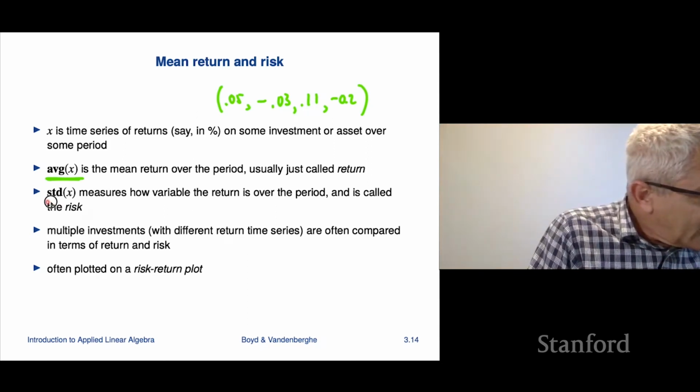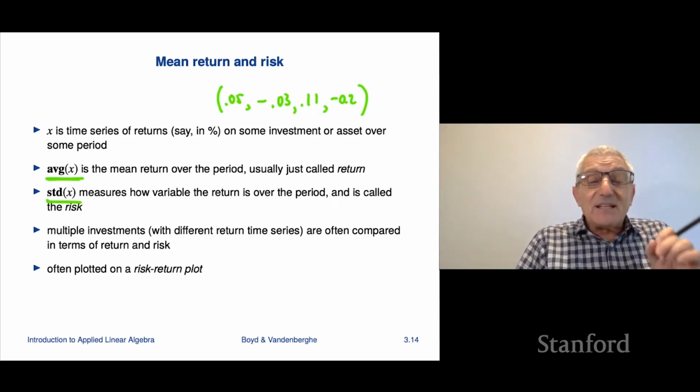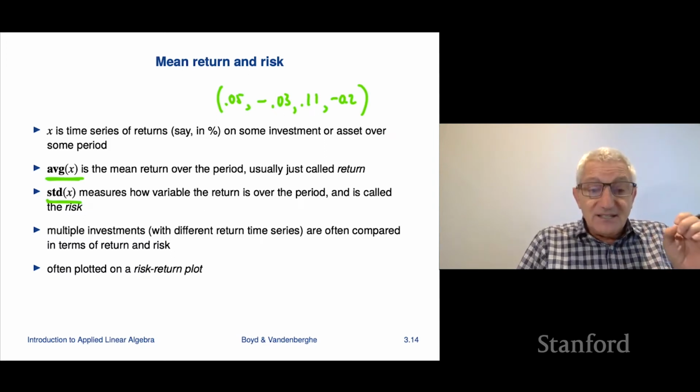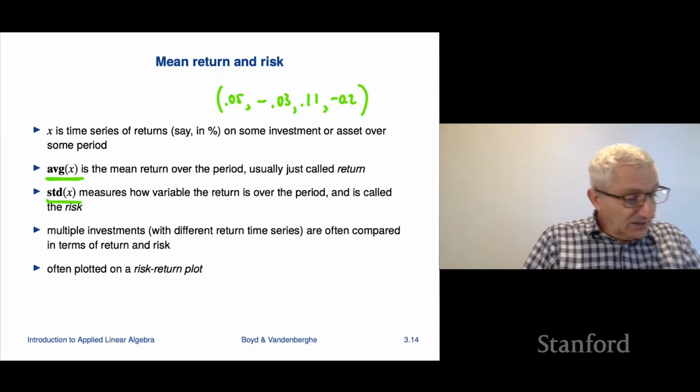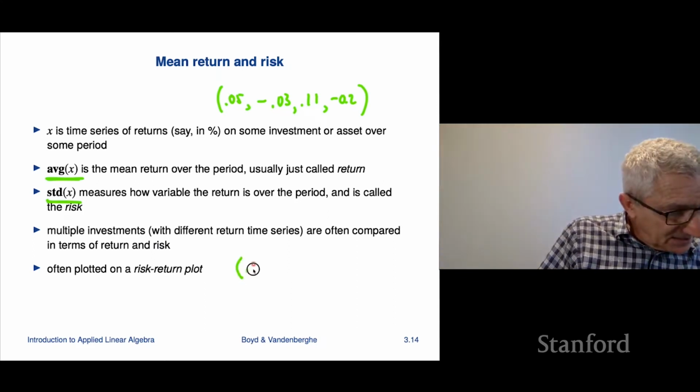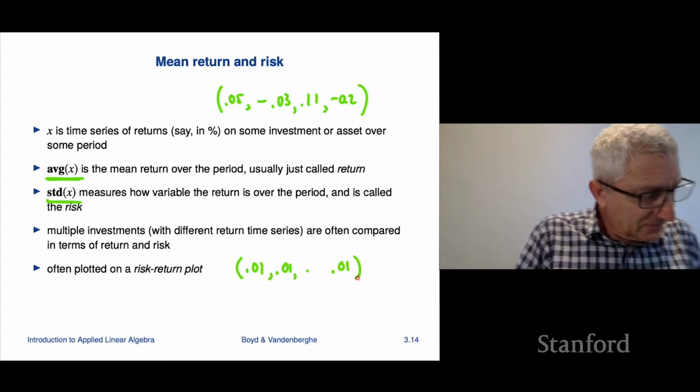Now, standard deviation of a return time series, super interesting. It tells you basically, typically, how much did the return deviate from the average, right? So, for example, if it looked like this, 0.01, 0.01, whoop, and all the entries are 0.01, it's awesome.